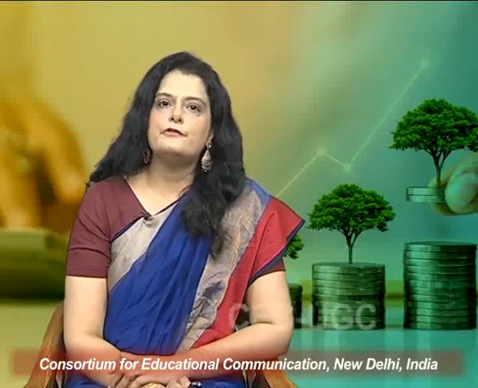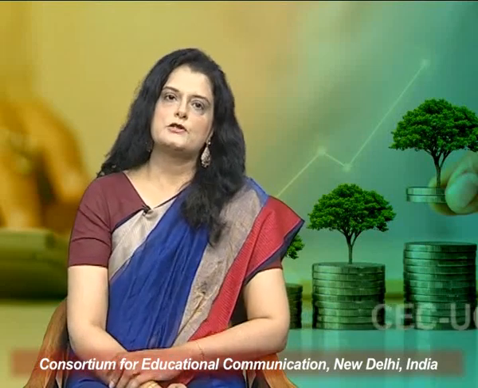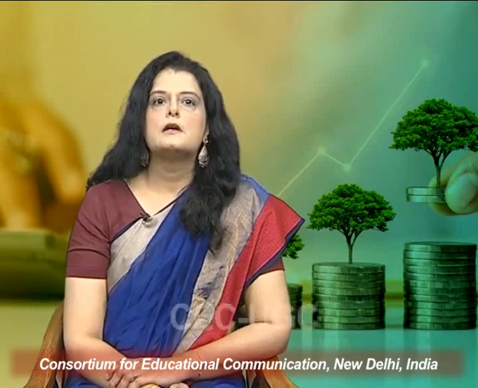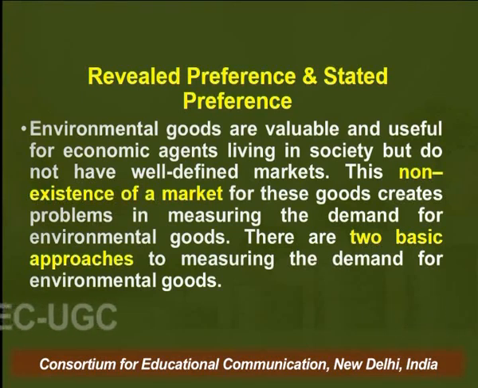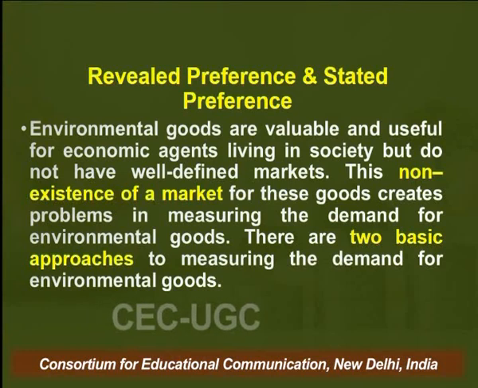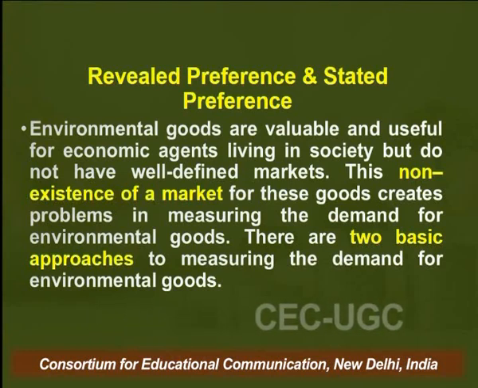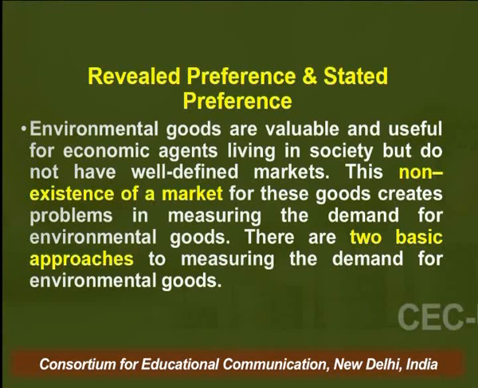We pick up the first kind of method of valuation of environmental goods, that is revealed preference. Environmental goods are valuable and useful for all economic agents living in society, but they do not have any well-defined markets. This non-existence of markets creates a problem in measuring the demand for these environmental goods.